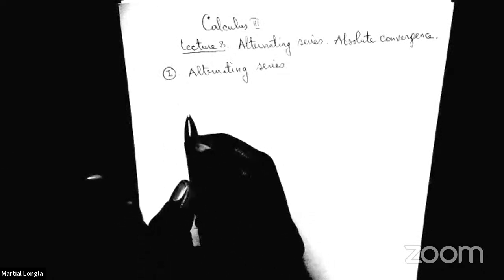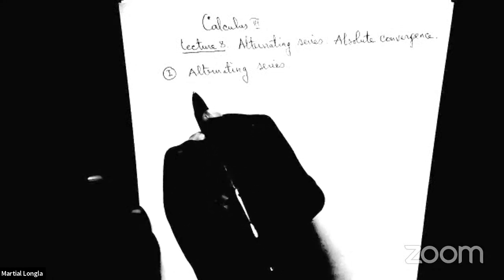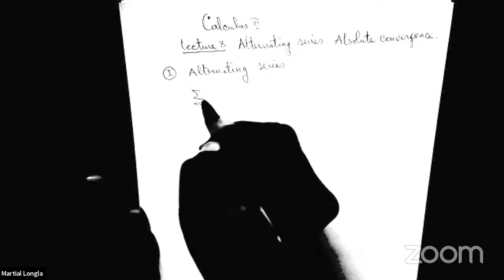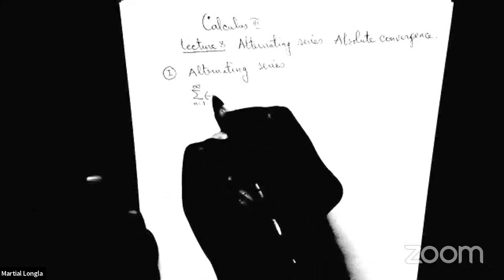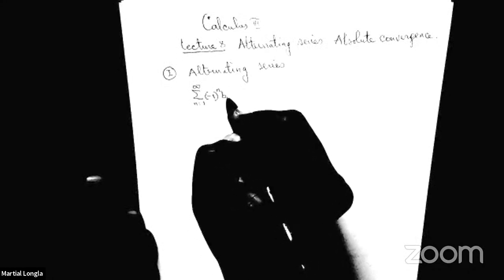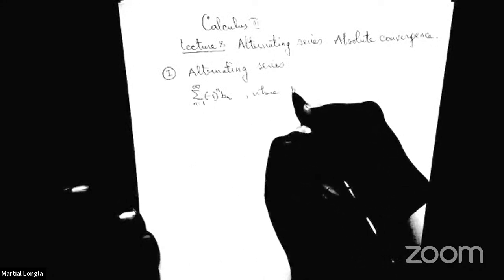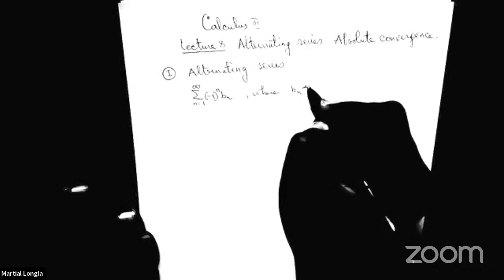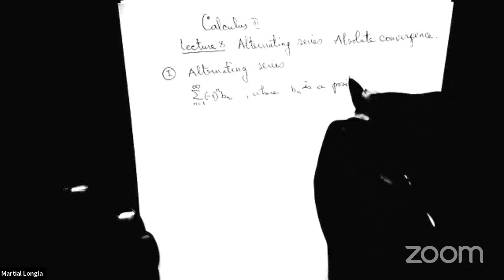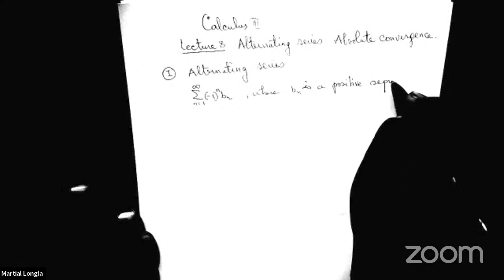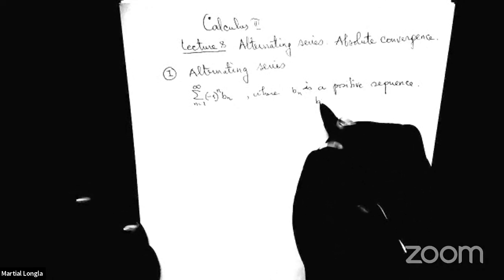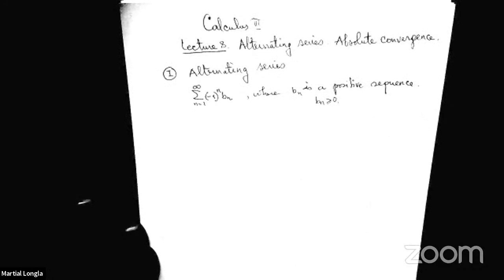What we call an alternating series is a series of the kind sum n from either 1 or 0, doesn't matter, to infinity of (-1)^n b_n, where b_n is a positive sequence, which means that b_n is larger than or equal to 0. That's what we call alternating series.